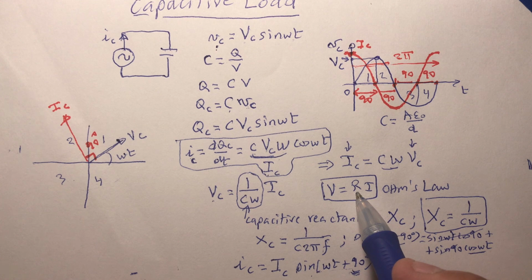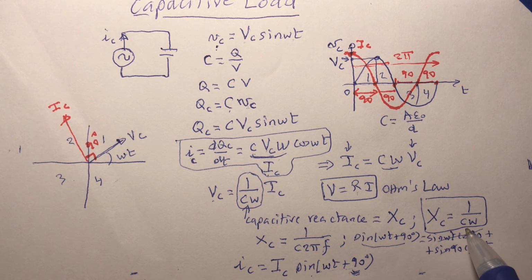Now, for here, I don't have to do anything to the temperature, it's just the frequency. If I come over here and change the frequency, you get different reactance. So the resistance of the capacitor changes with the frequency.